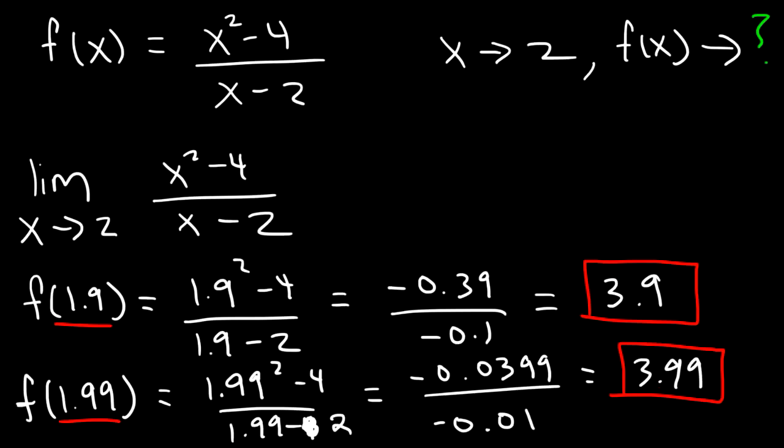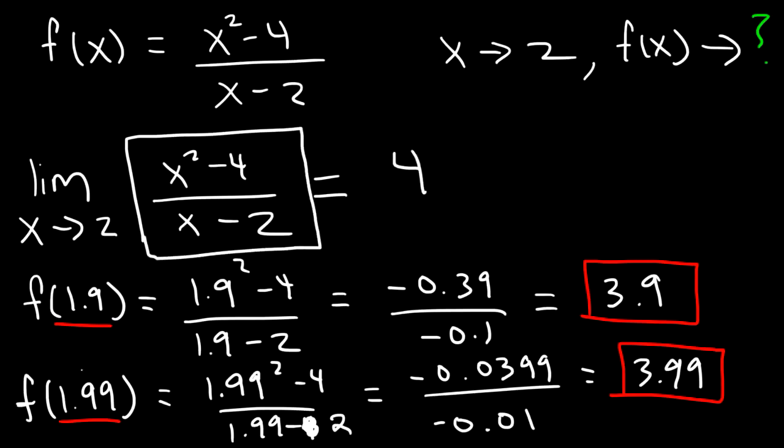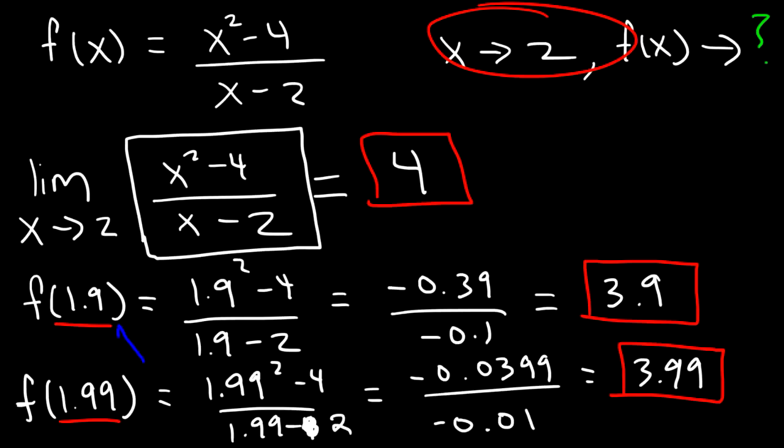So therefore, we can conclude that the limit as x approaches 2, as we get closer and closer to 2, the value of this function approaches 4. And so this direct substitution technique can always work. If you can't plug in the number directly, you can plug in a number that's very close to this number. And as you'll see, the limit approaches a certain value.